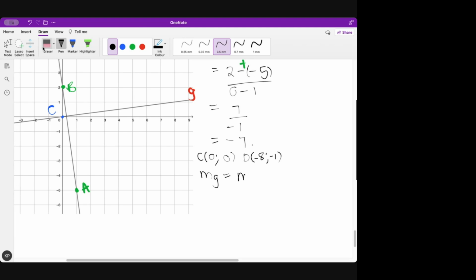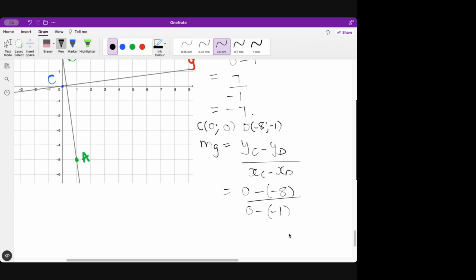So the M, I already wrote the M. Why am I writing it again? Because my brain is tired. The y of C minus the y of D over the x of C minus the x of D equals, what's the y of C? We have 0 minus negative 8 divided by 0 again minus negative 1.